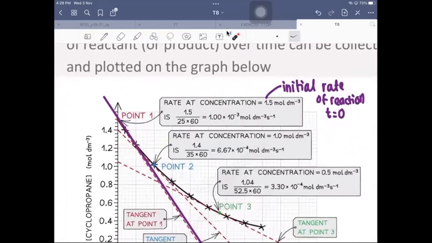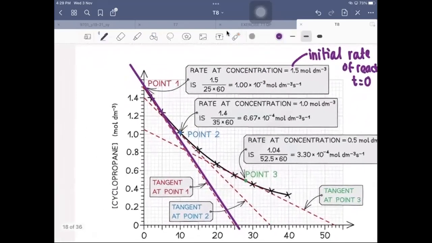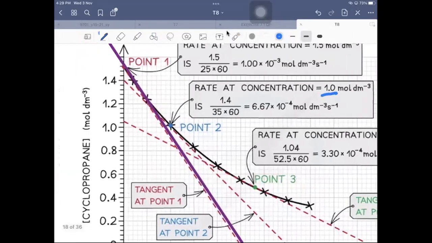So you find the initial rate of reaction to be 1 times 10 to the power of minus 3. Then you repeat this process at point 2. I'm going to use blue now. At point 2, they want the rate of reaction at concentration 1.0. So 1.0 is here on the concentration axis.